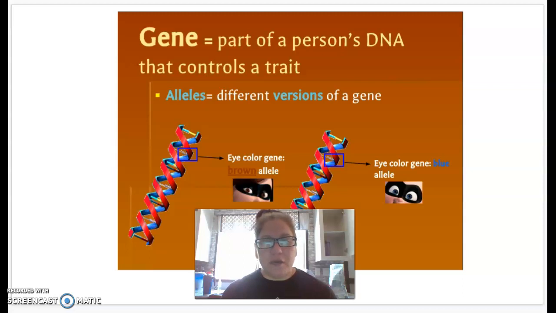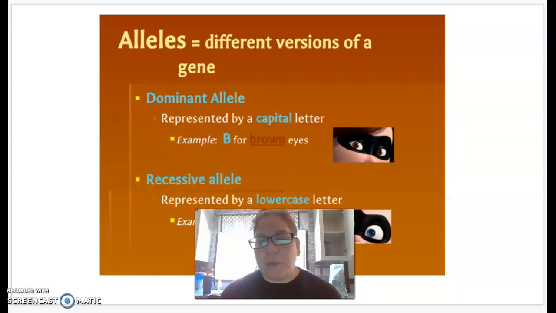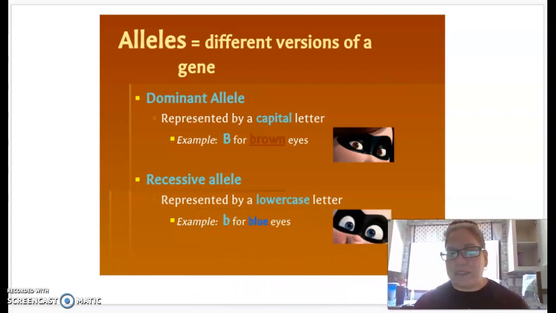So then from there, we need to understand what a dominant allele is and what a recessive allele is. When we come to dominant and recessive, dominant means that you are going to see this trait in the individuals.